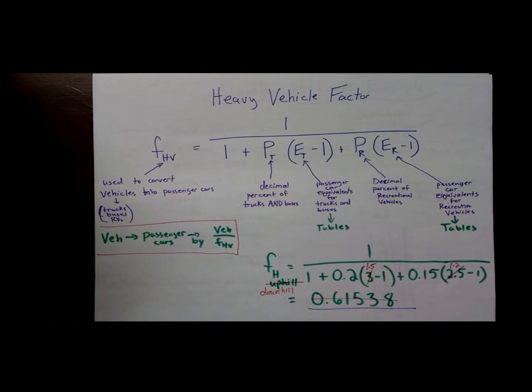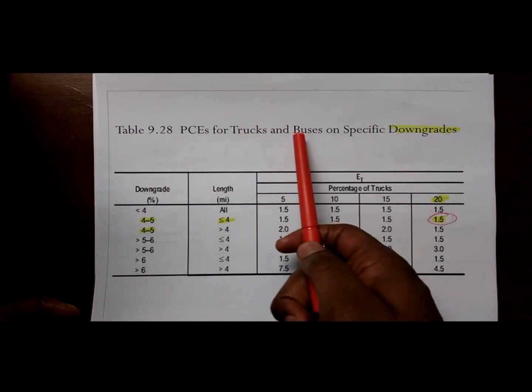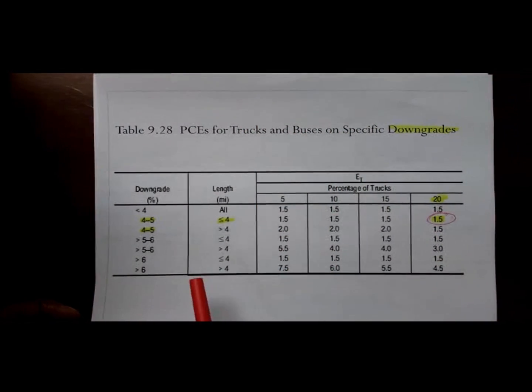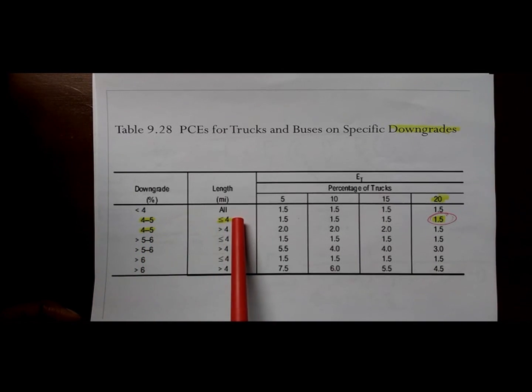And so I just changed a couple of things here. No longer uphill, which means that I'm going to use a 1.5 here, and I'll show you where I got that from. This right here is your trucks and buses on specific downgrades. We could have used either one of these two in a row. We know that the length is going to be closer to a mile than it is to 4 miles.